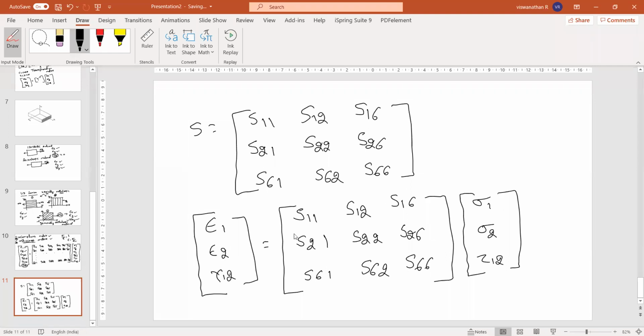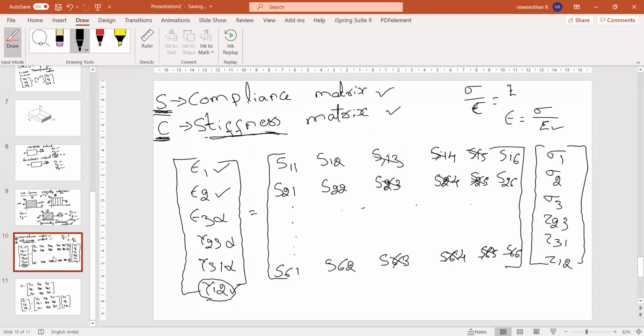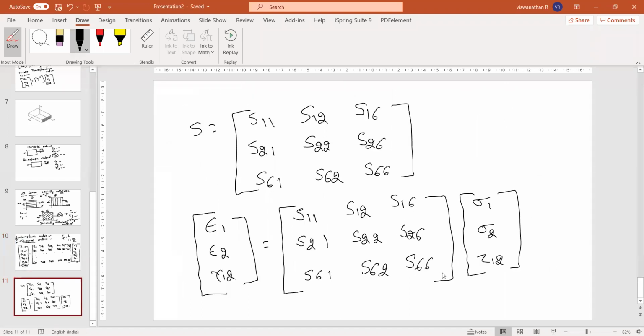What is this matrix called? Compliance matrix. Fine. Did you understand why this is 6 here? Because in a 3-dimensional case, books follow this order: epsilon 1, epsilon 2, epsilon 3, gamma 23, gamma 31, gamma 12. Because we follow this order, when we write for a UD lamina, it becomes like this.